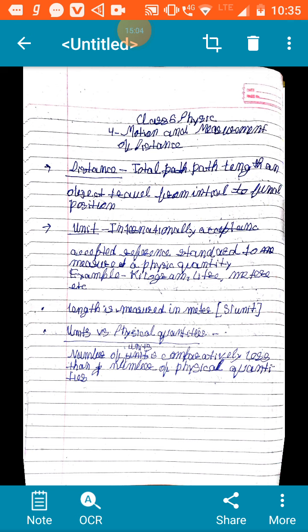Length is measured in the SI unit, which is meter, or we can say that the SI unit of length is meter. The number of units is comparatively less than the number of physical quantities.